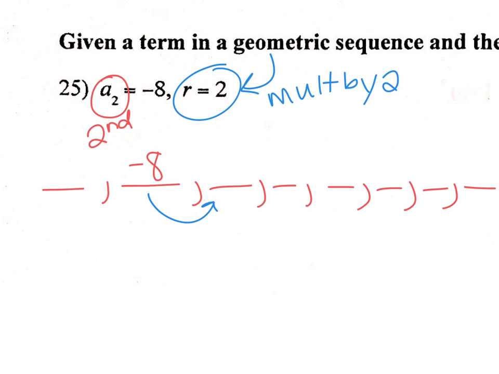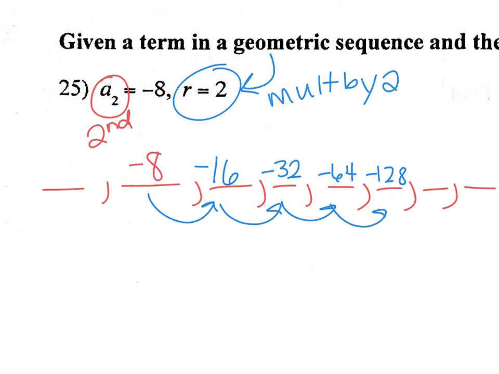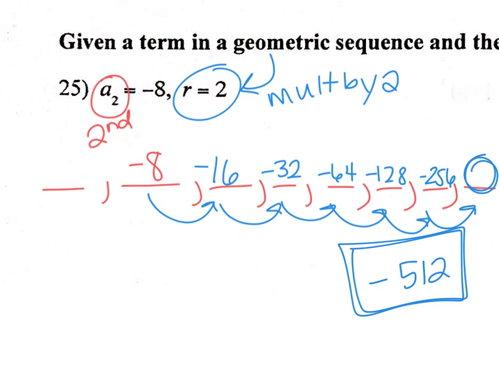So if I continue my pattern, multiply by 2, that's going to give me negative 16, negative 32, negative 64, negative 128, negative 256, and then my 8th term, when I continue, is negative 512. All right, that's the number that's going to go here. So that's your answer there, 512.